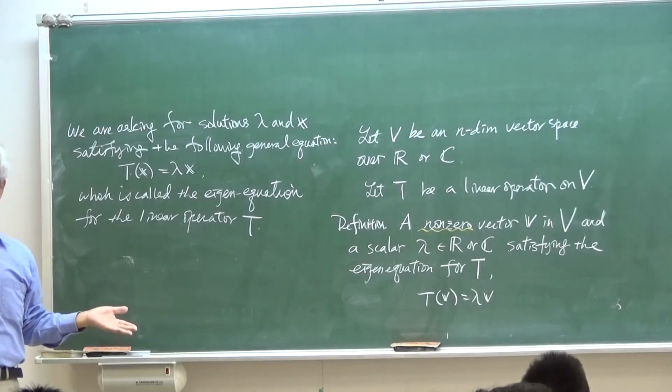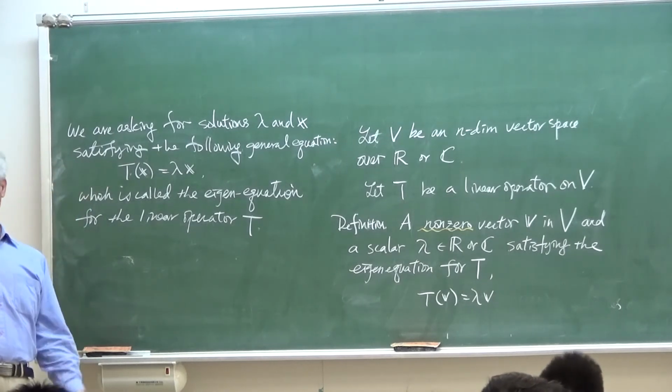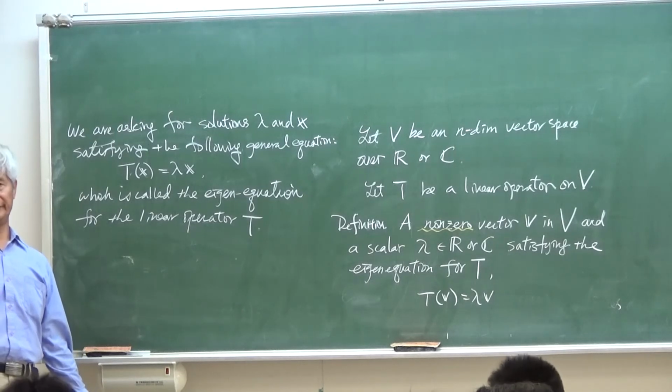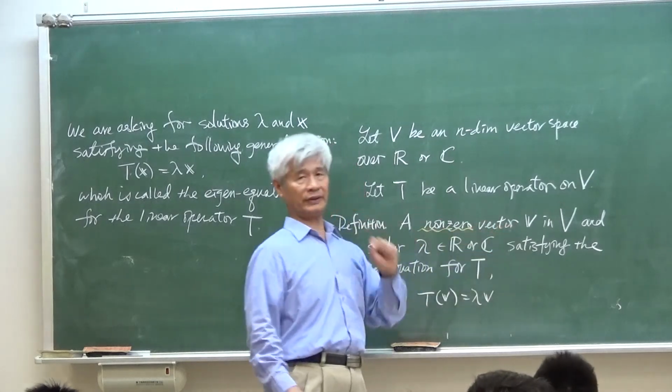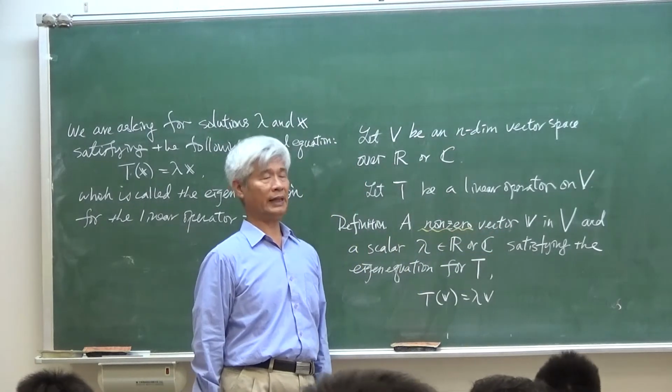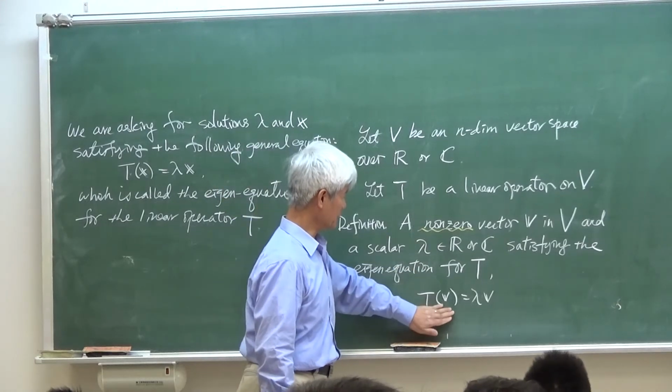So it's trivial: 0 always satisfies the eigenequation. So nothing new. What we want is a non-zero vector v and a scalar lambda satisfying the eigenequation right here.